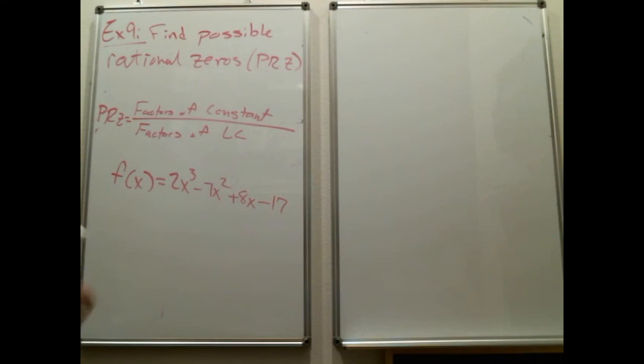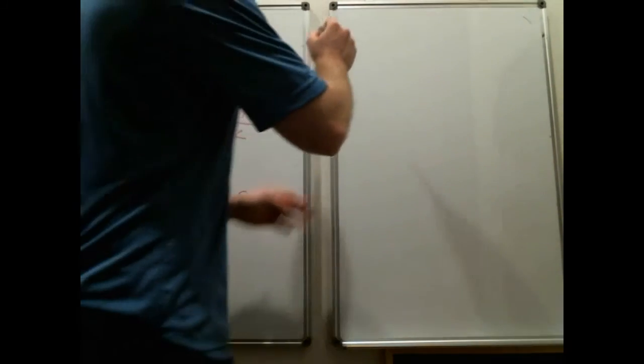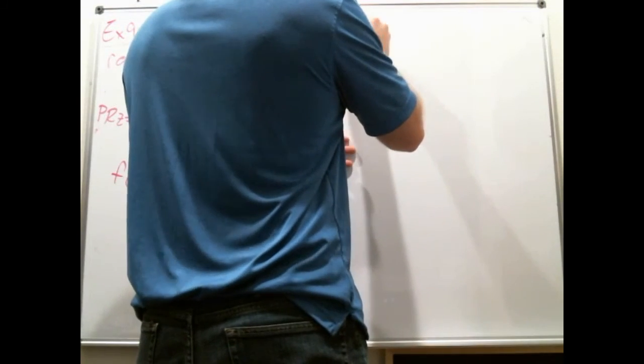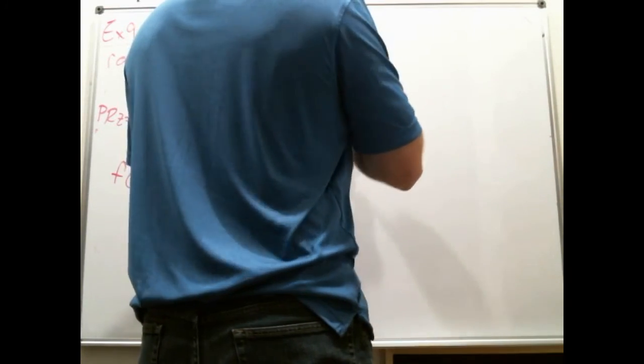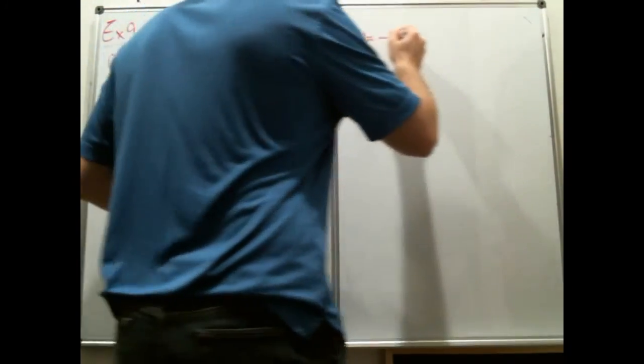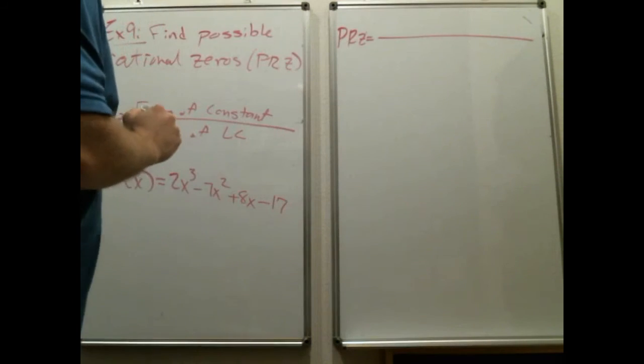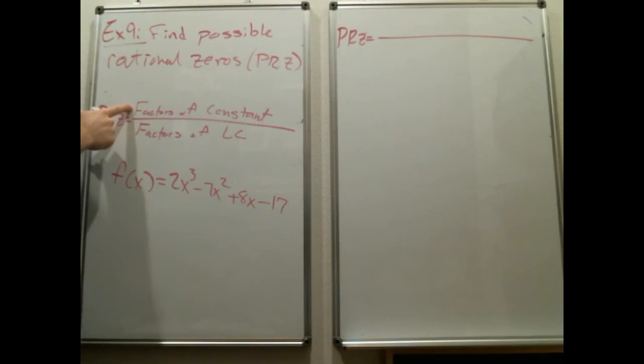So to find the PRZs, we need to find the factors of the constant term and divide each of those by the factors of the leading coefficient. So over here, my PRZ is equal to, and here's my line. What are the factors of the constant term? Which one is the constant? It's this -17.